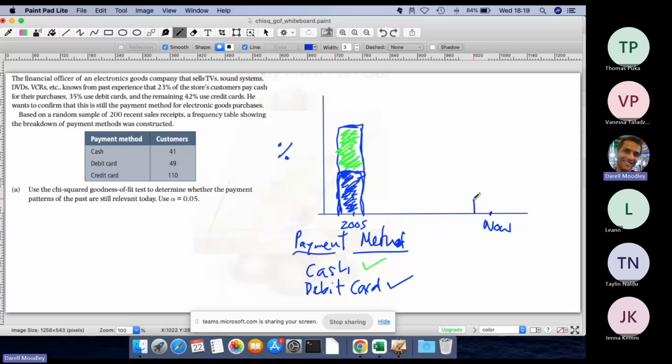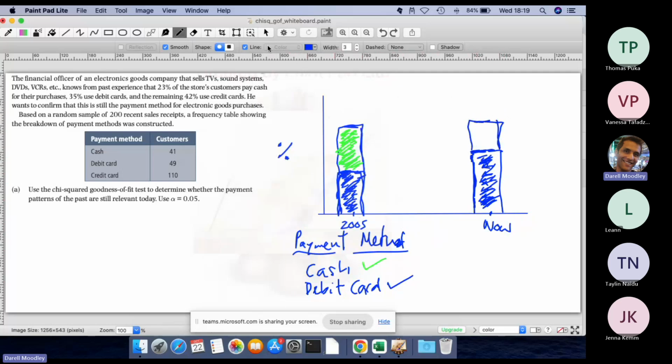So now, as you could expect, there's less people paying by cash. So that green box is a lot smaller now. So let's just say this is what it is now. This is the percentage of people that pay by debit card, and then the percentage of people that pay by cash is a lot less.